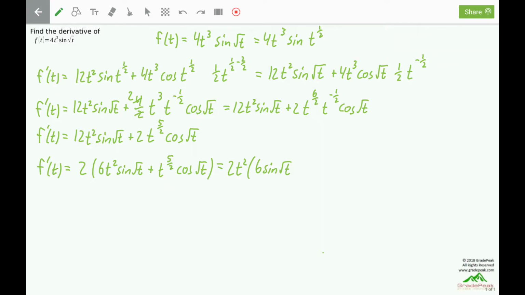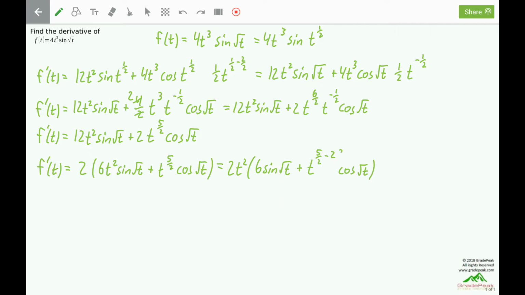For the second term, remember what we're doing is subtracting exponents, so what will be left for that second term will be t to the 5/2 minus 2. Whenever you factor, you're dividing, and dividing means subtracting exponents. So it'll be 5/2 minus 2. And then cosine of the square root of t.